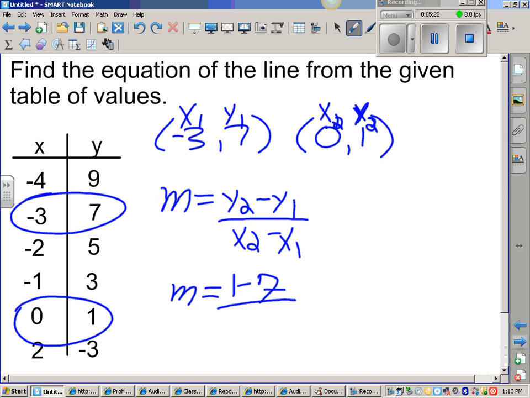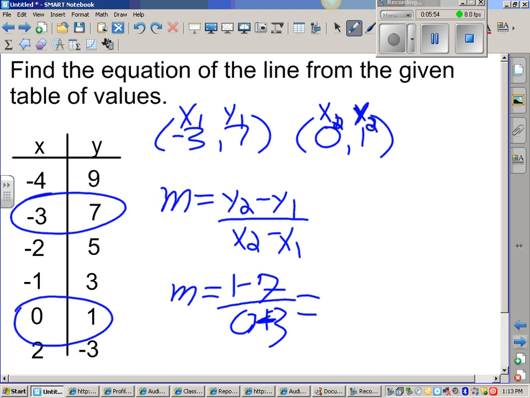So y2 minus y1 is 1 minus 7, over x2 minus x1, which is 0 minus... Wait, where did the positive come from all of a sudden? Oh no, it's a negative. So you get 0 minus negative 3. What happens with a double negative? It's positive.